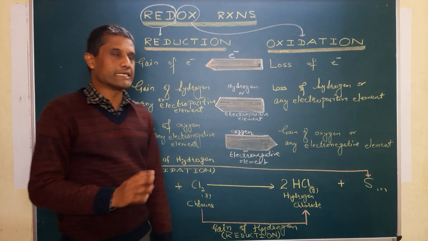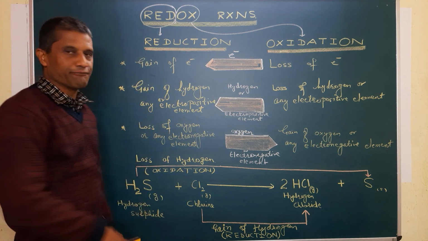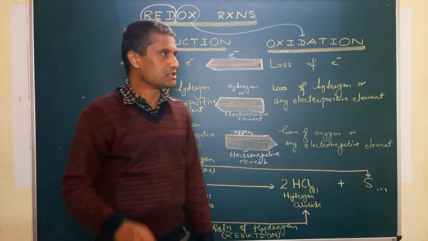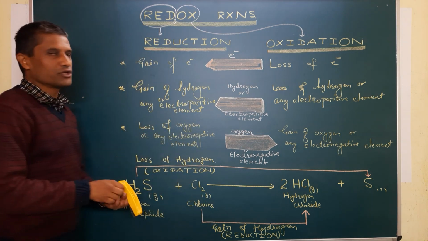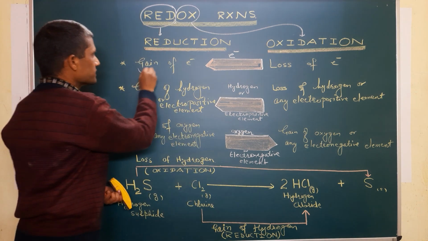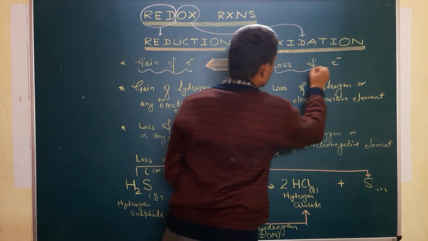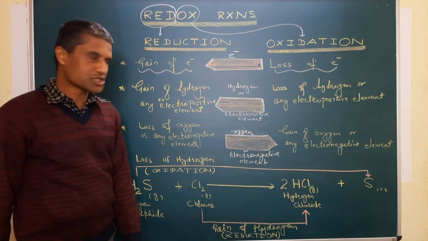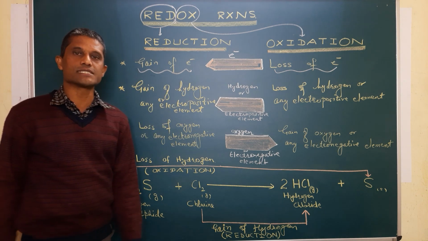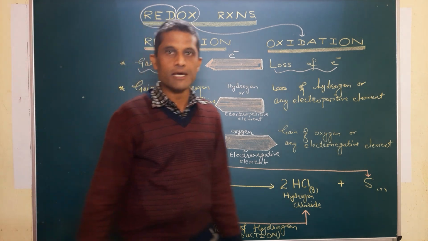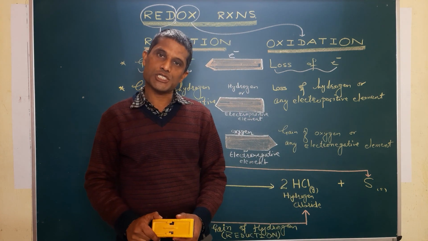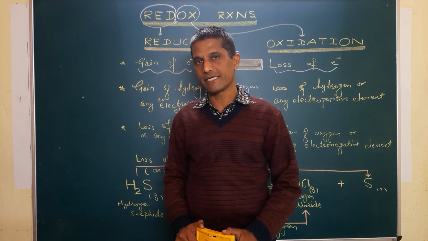We will take the examples of these three definitions by means of a chemical reaction. But let me tell you, gain of electrons and loss of electrons is called the electronic concept of reduction and oxidation. This electronic concept we will try to understand when we take on another type of chemical reaction, that is displacement reaction.